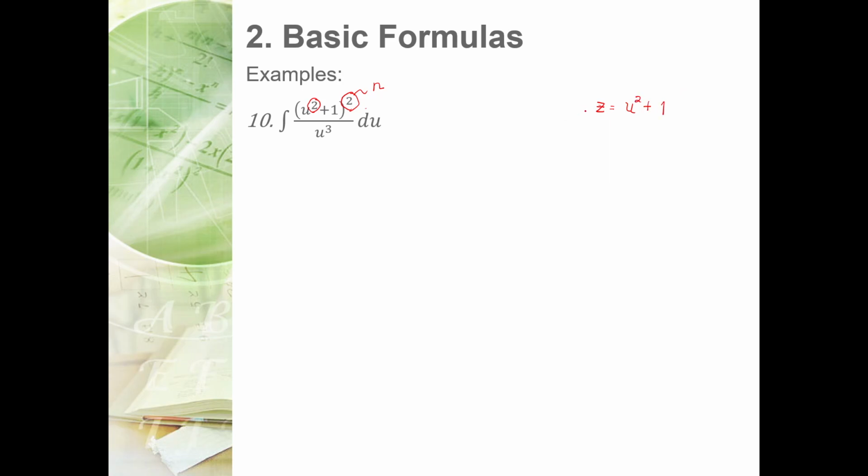If you try to get the derivative of this one, dz all over du is 2u plus 0. And our dz will become 2u du. So meaning we can't replace your u cube. So we cannot use the u sub here.